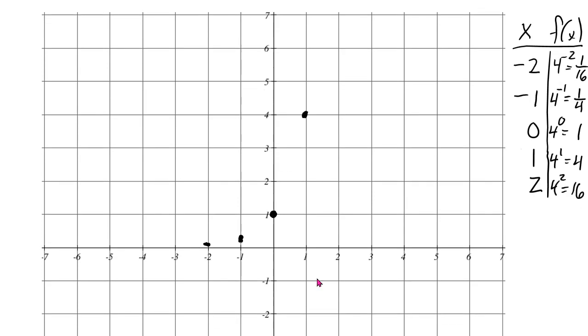Now I can connect these with a line or a curve that goes up very, very rapidly, and that decreases very rapidly as well. Now what we want to do is we want to imagine reflecting this across the y-axis.